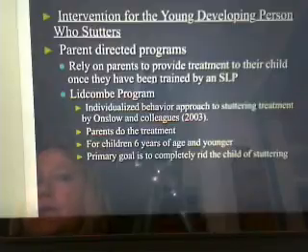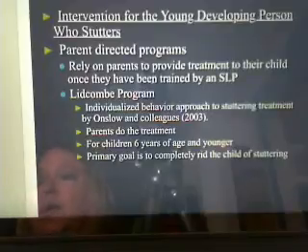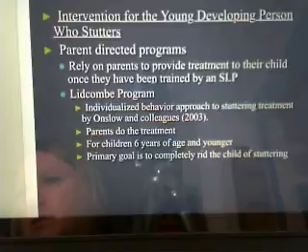The parents provide the treatment to their child once they have been trained by an SLP for proper use of the techniques and interaction style.